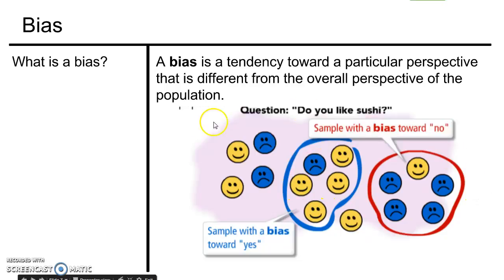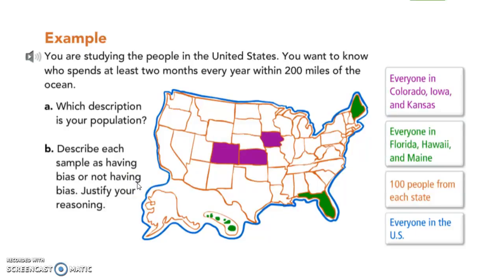Is that representative of the population? No, that's not. It looks like we've got about half and half. 1, 2, 3, 4, 5, 6, 7, 8 smiley faces and 7 frowny faces. So it should be about half and half if we want to make it a representative sample. Neither of these samples would be representative. These are biased.